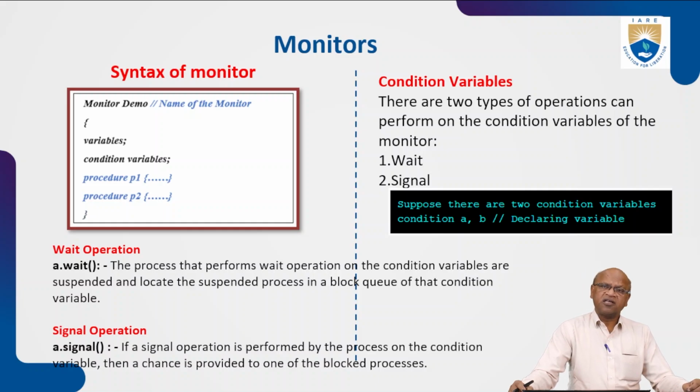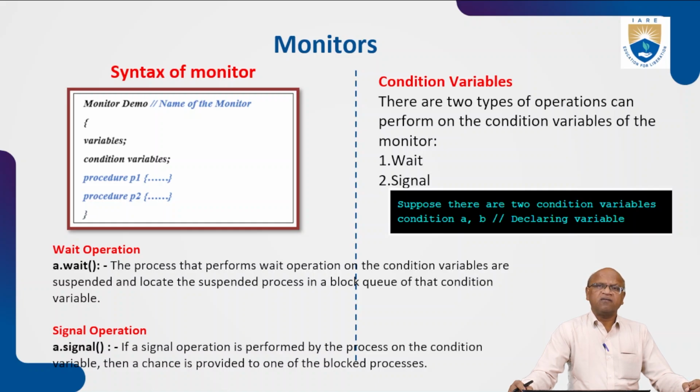So the monitor is also a technique, similar to semaphores, to control synchronization or to solve the critical section problem. In this also there are two types of signals, wait and signal.